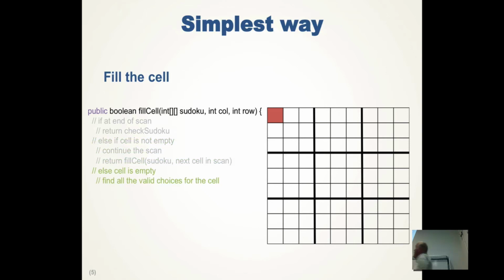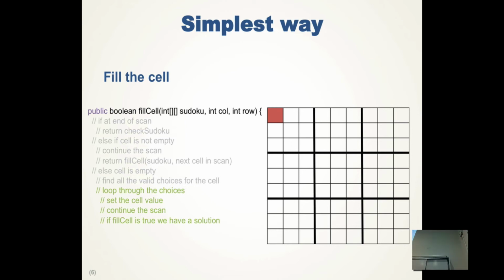If the cell is empty, meaning it's a 0, I need to go find all the valid choices for this cell. And that's that legal values method you have to write. Once I have the list of all the valid values for this cell, I loop over them.